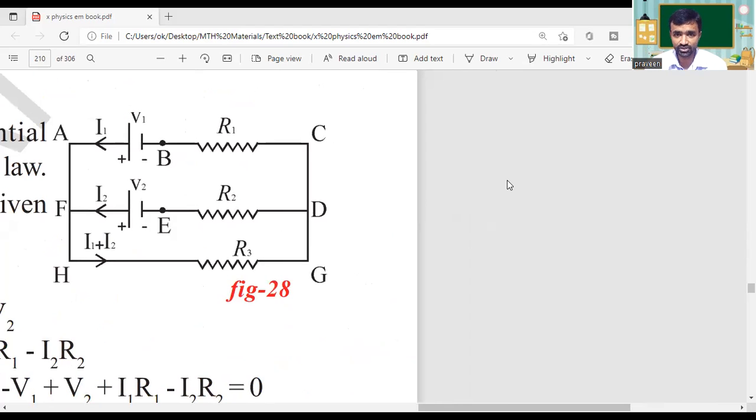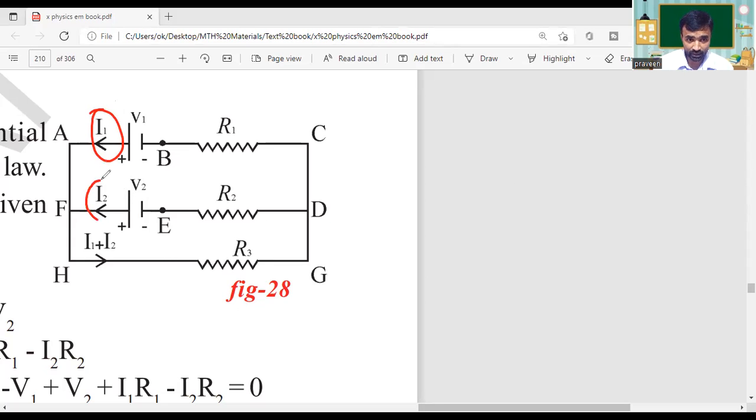Now you are able to see clearly. There are three types of currents, but namely they are two, I1 and I2. Not three different types, only two types.